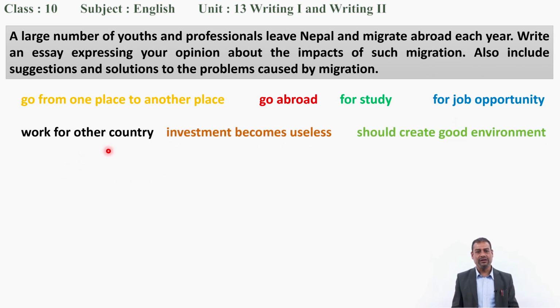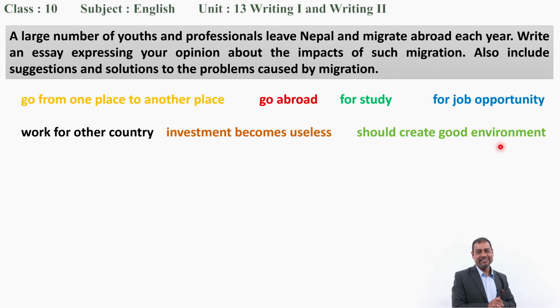Then work for other country, investment becomes useless, should create good environment. For example, you might have got these points in your mind, maybe some more points. So whatever ideas you have got in your mind, please note down like this in your sheet of paper.